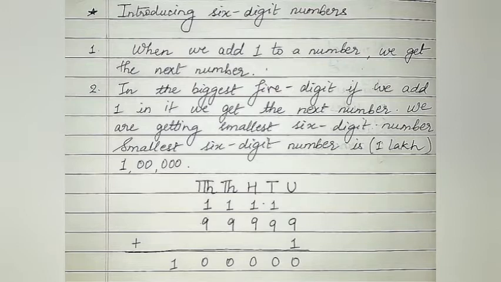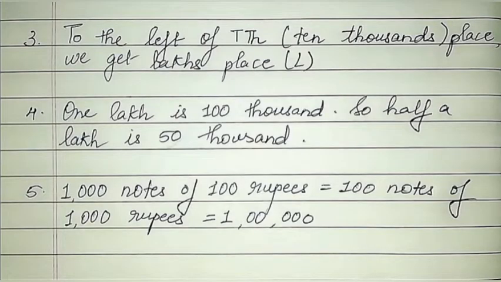They have shown here how you write it in units, tens, hundreds. Third point, to the left of 10,000's place, we get the lakhs place. 1 lakh is 100,000, so half a lakh is 50,000. 1,000 notes of 100 rupees is equal to 100 notes of 1,000 rupees, which is 1 lakh.